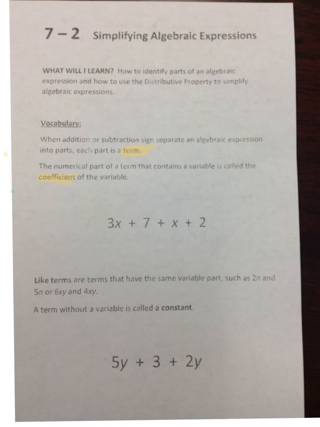Looking at the expression 3x plus 7 plus x plus 2, if we're looking to identify how many terms this expression has, we isolate each part with its sign. 3x is a term, positive 7 is a term, positive x is a term, and positive 2 is a term. So there are 4 terms in this expression.